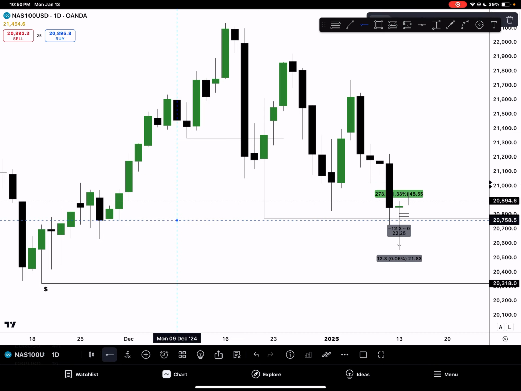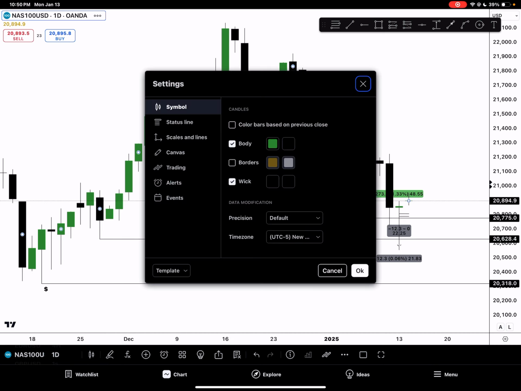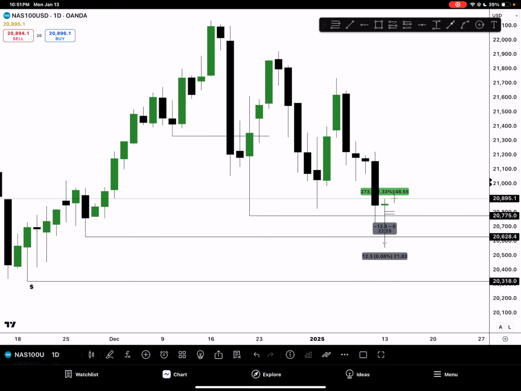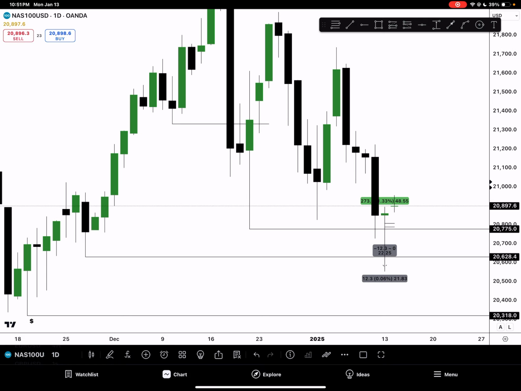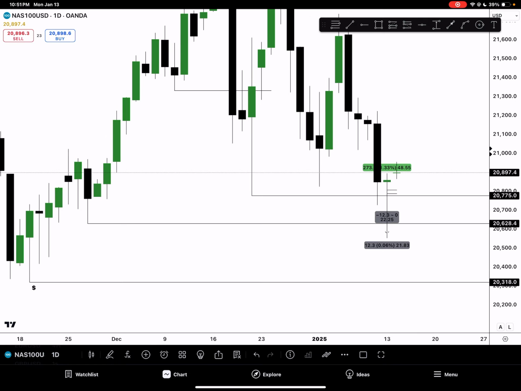First thing that I will point out is there were 2 liquidity points on the macro perspective that needed to be mitigated. The first one, which was here, was unmitigated at the time that I was looking to take buys. I was really tripping because I was like, what am I doing? Why am I taking buys when price hasn't reached this liquidity point?